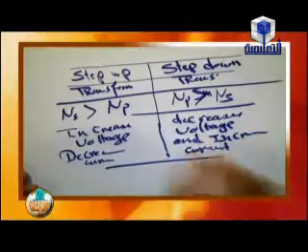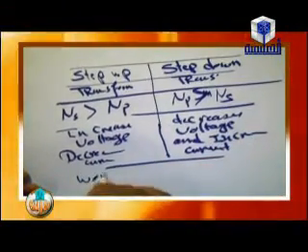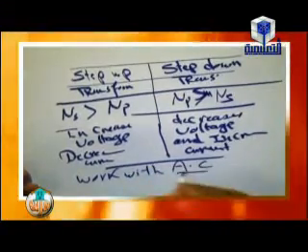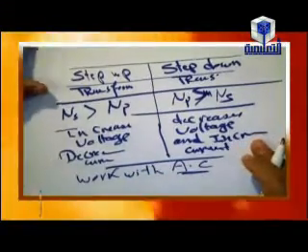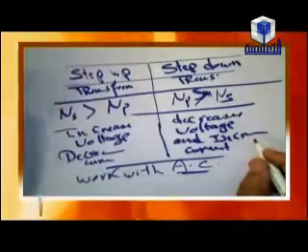Both step up and step down transformers work with AC current, because AC current is variable in magnitude and direction, and also it gives a variable magnetic field. A transformer does not work with DC current because DC has constant magnitude and direction, so it gives a constant magnetic field, but AC works the transformer.